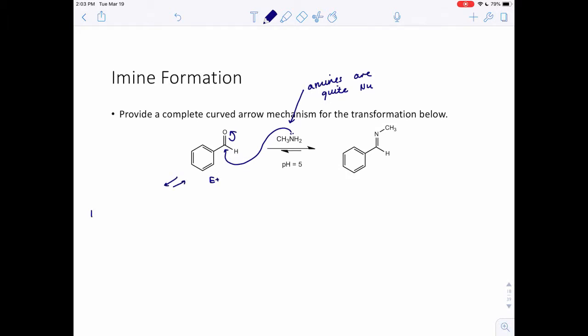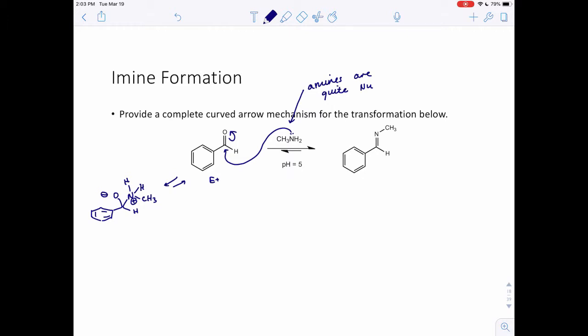This generates an interesting intermediate. Okay, we have a negative formal charge on oxygen and a positive formal charge on nitrogen. This might make you feel a little bit uncomfortable, but I can assure you this mechanism has been studied quite a bit, and we have lots of evidence that suggests it's correct and the species does exist.